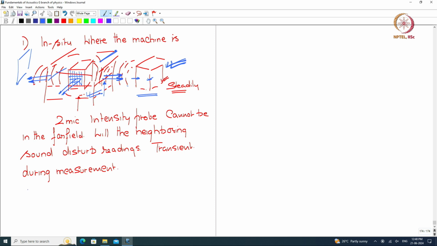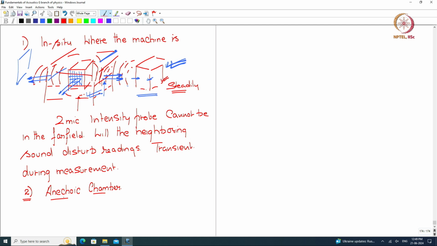However, if you don't like this and you want all ideal situations, then if this machine is transportable, you take it out of the industry and bring it to your own lab, where you have an anechoic chamber. What is an anechoic chamber?